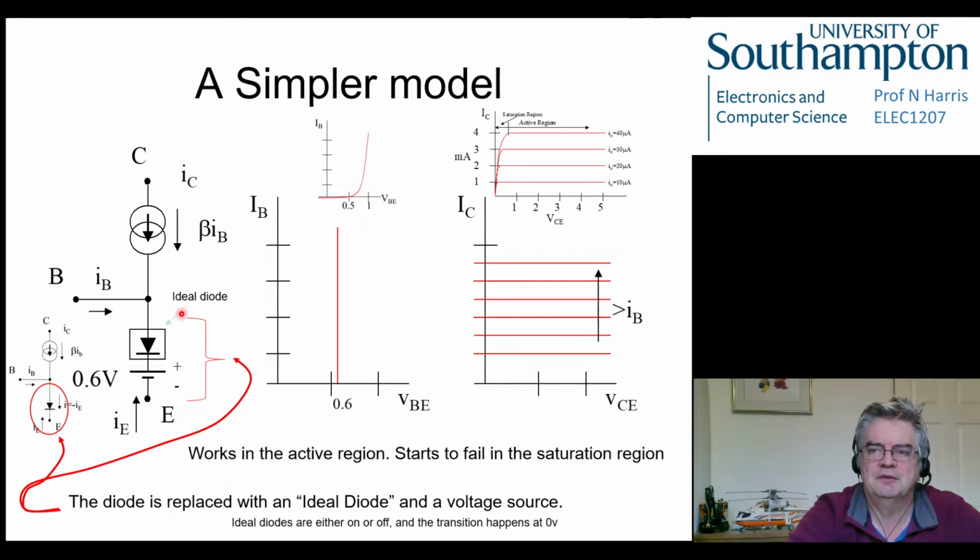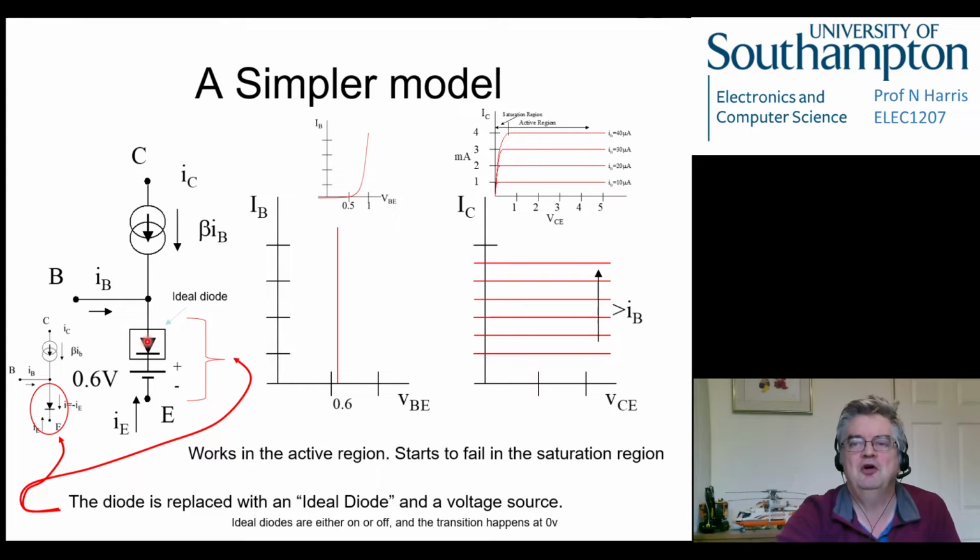An ideal diode is a diode symbol with a square around it, and that just means it's got a perfect transfer characteristic, which means it's completely on for any voltage bigger than 0 across it, and completely off for any voltage less than 0 across it.